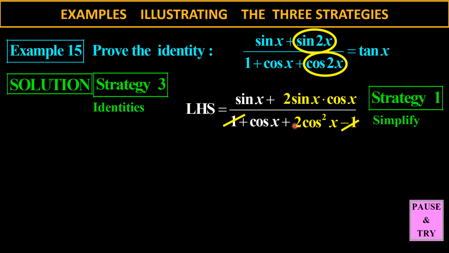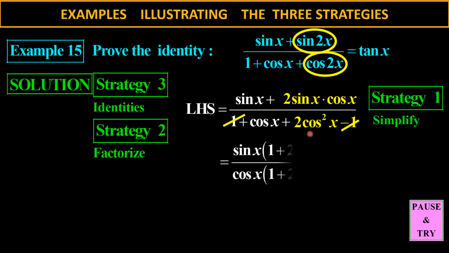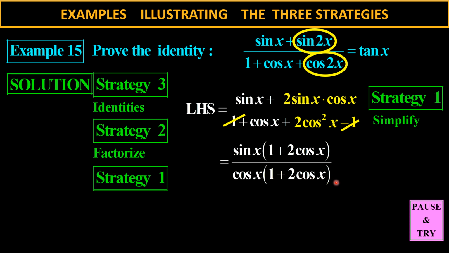Now, if I've done that, if I now look at the numerator here, I notice there I can't simplify it any further, but I can factorize. If I look at the denominator, I can't simplify further, but I can factorize. So we're going to take out the common factor, and there I have sine x and 1 plus 2 cos x, and I take out cosine, get cosine 1 plus 2 cos x.